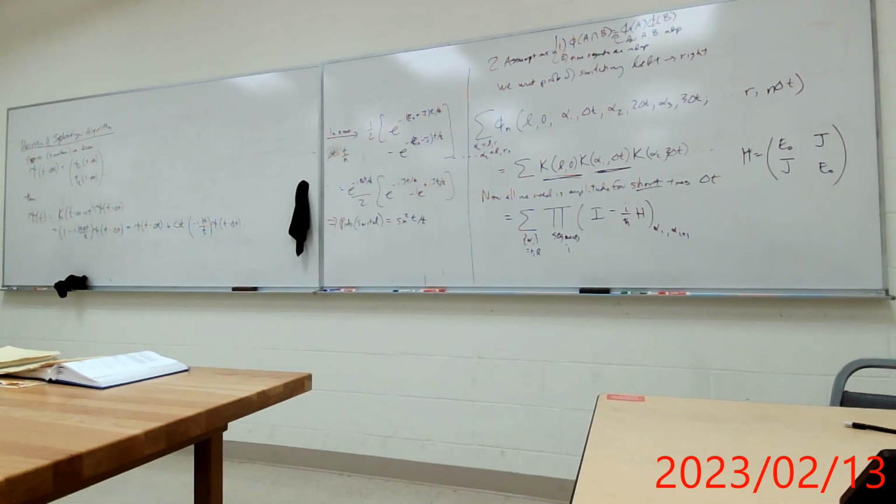Okay, so now what I can do is take one term over to the other side, and I get psi of t minus psi of t minus delta t, and divide both sides by delta t, and this gives me minus i H over h bar psi of t minus delta t, and this of course is d psi dt.